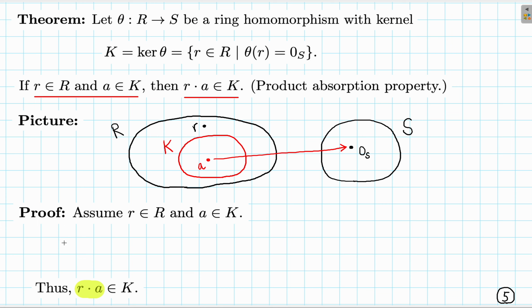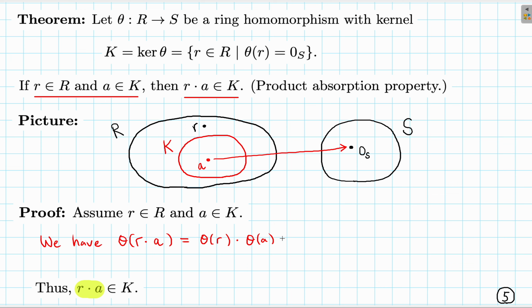So let's apply theta to r times a and see what happens. So we have theta of r times a. Now, because theta preserves multiplication, this is equal to theta of r times theta of a.